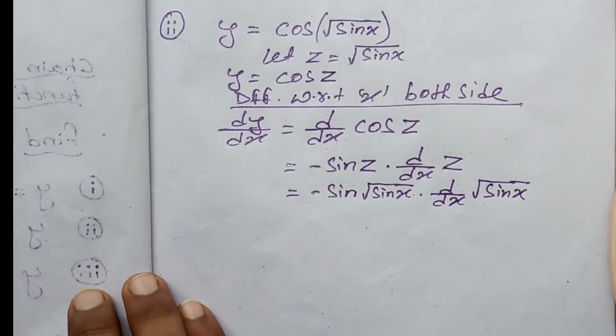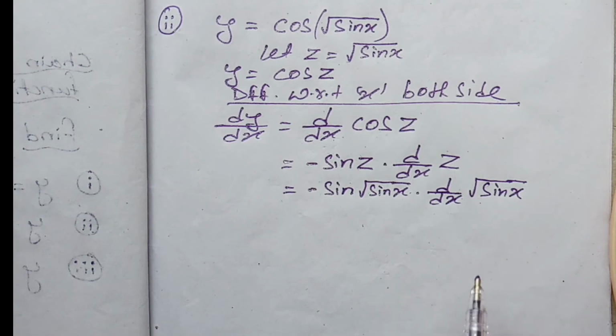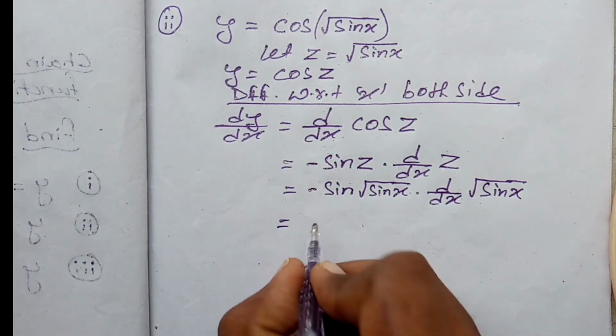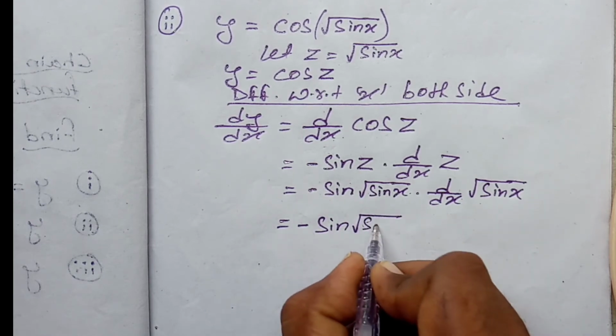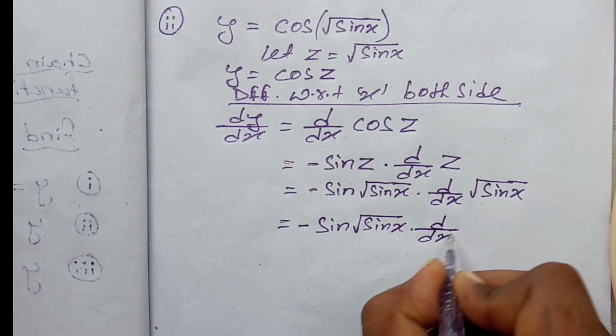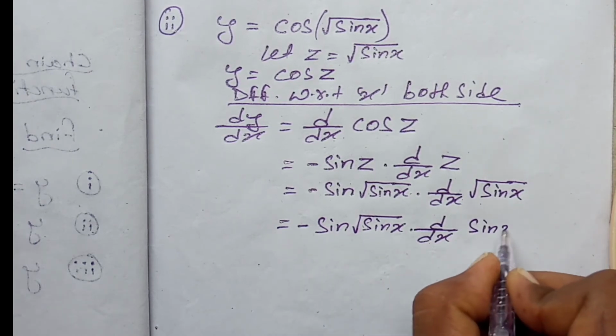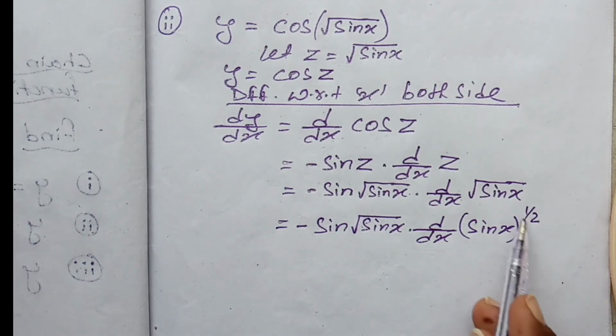Here root under sin x can be written as d by dx of (sin x) whole to the power 1 by 2. Now we will differentiate here: first the power will be differentiated, then sin x will be differentiated.